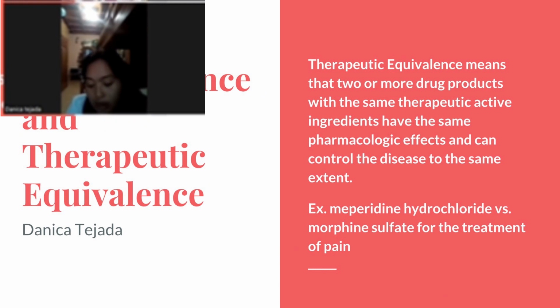And also paracetamol and ibuprofen, two different drugs producing a similar treatment response. It is used for reducing temperature or for fever. And like meperidine hydrochloride versus morphine sulfate, it is for the treatment of pain.